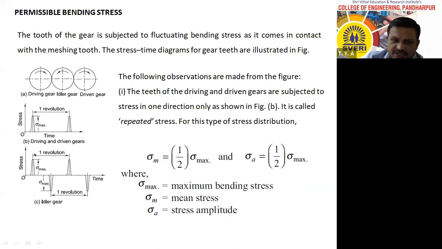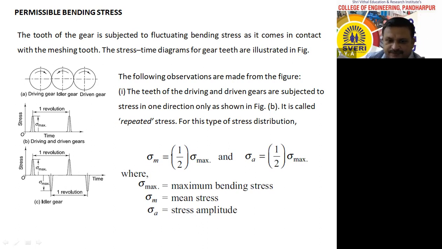For one revolution, values of stress are positive because they are on the upper side of the x-axis. And for another revolution, values of stress are negative because they are on the downward side of the x-axis. You know that in an axis system, positive values lie on one side and negative values on the other. That is basic.